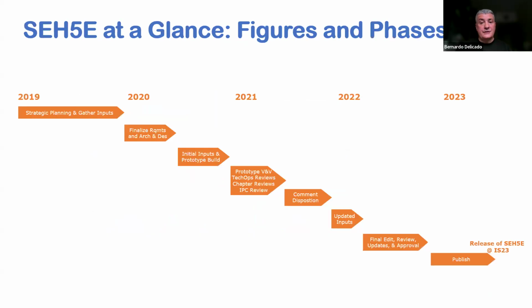At a glance, I will try to show you that developing a new version of the handbook is a huge effort. This slide shows the 4 years for version 5 with the different phases, and I will highlight the most important figures in these 4 years.